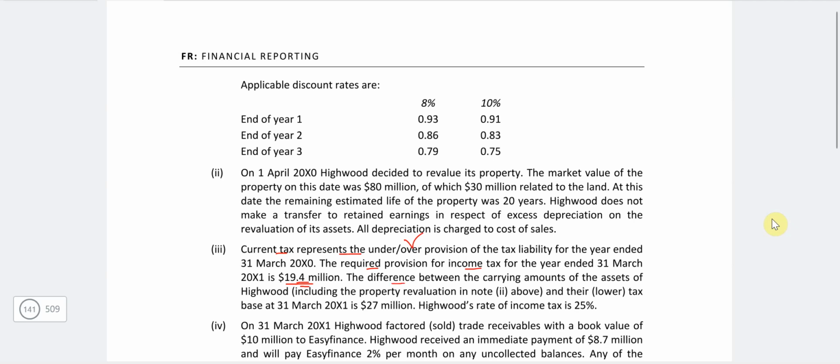The difference between the carrying amounts of the asset of Highwood, including the property revaluation above, and their tax base is 27 million.